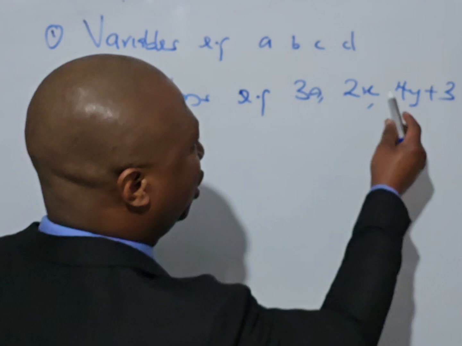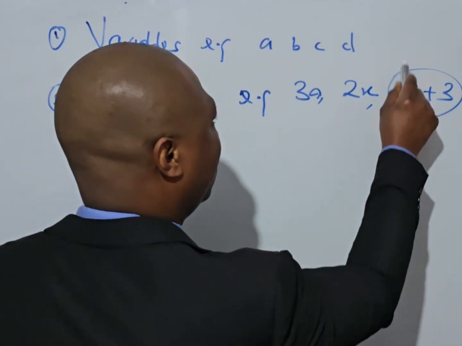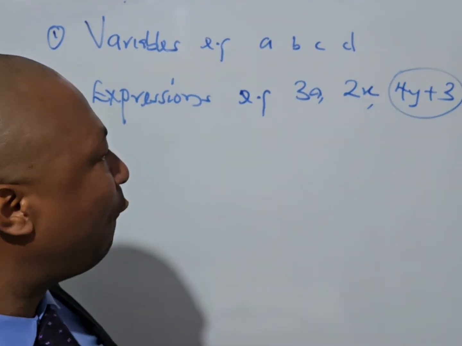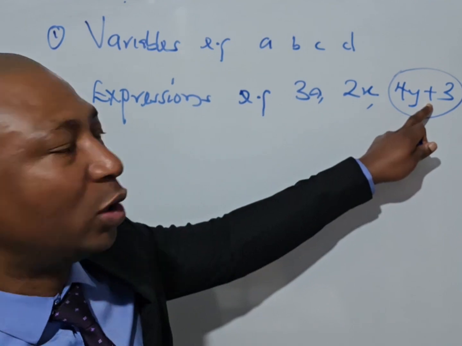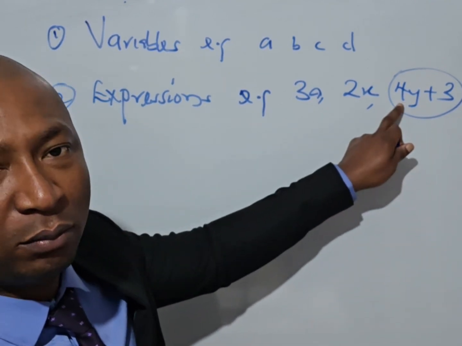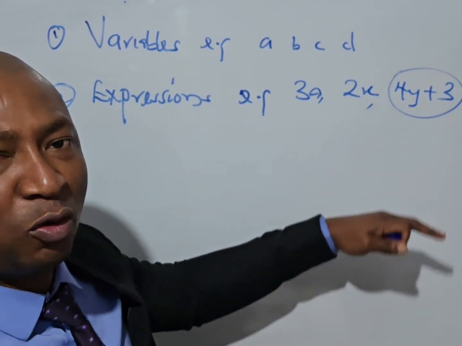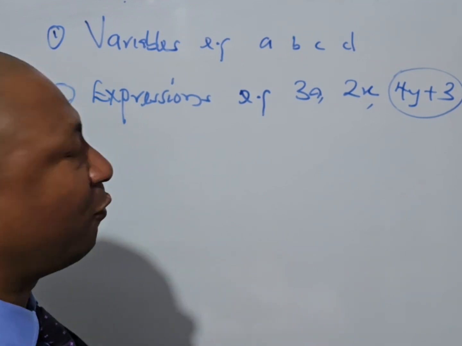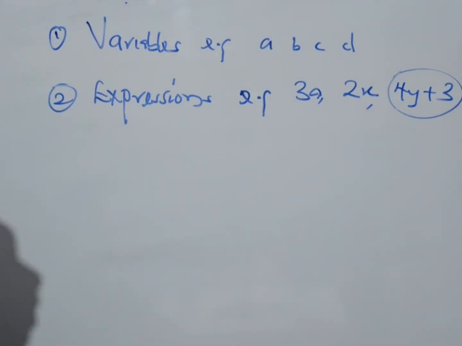In 4y plus 3, the coefficient of y is 4. Coefficient is a number that stays in front of a variable.